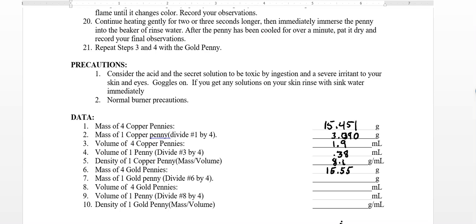Oh, so this is the data you need. Then you're going to need to come in before school tomorrow and do it. Okay, yeah, let's just go with this. So 15.557 divided by 4 is, or 5 in your case.